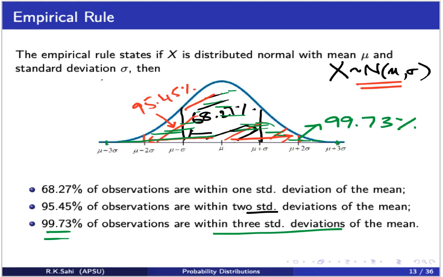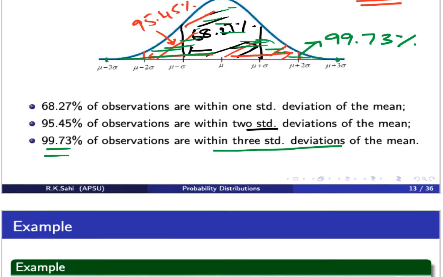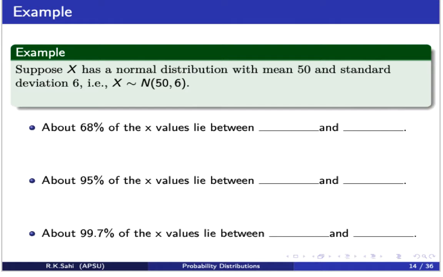Let's take an example. Suppose x has a normal distribution with mean 50 and a standard deviation of 6. Remember the notation? X is 50 and 6. And I always tell you, whenever we write it, let's quickly make a little bell-shaped curve and see what happens.